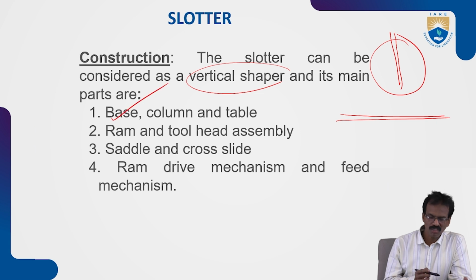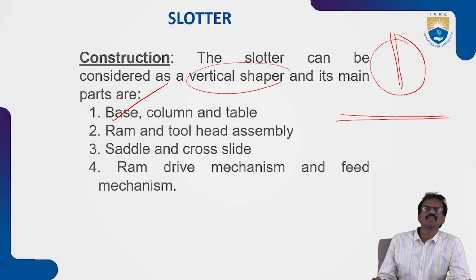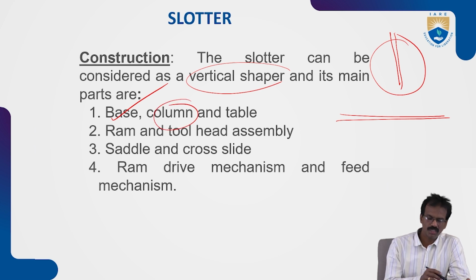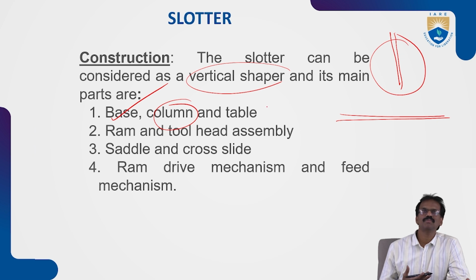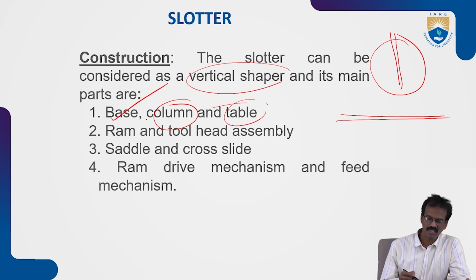The main parts of the slotting machine we'll see here. First is the base and next is the column, which is very important. It is a hollow column made of cast iron by the casting process.